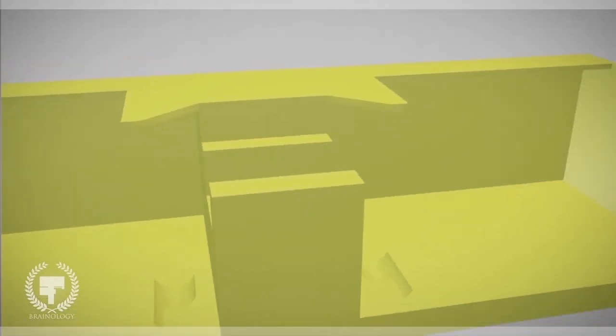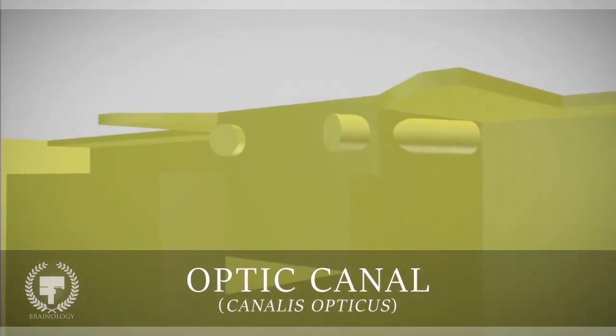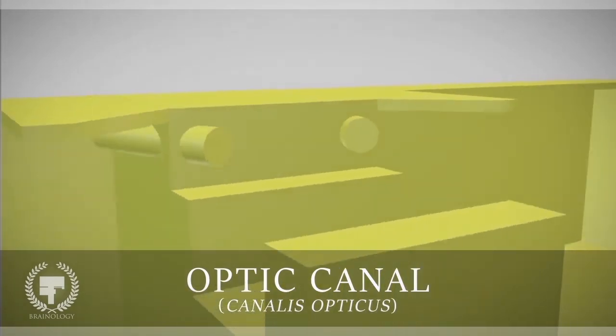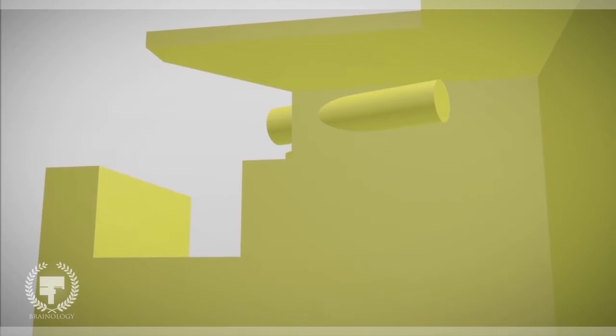I want to start off centrally and go to the periphery. So here, this is gonna display the optic canal, basically where the optic nerve, the second cranial nerve, is gonna go through. So it has a medial to lateral trajectory, as you can see.